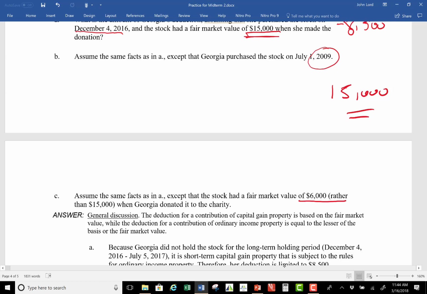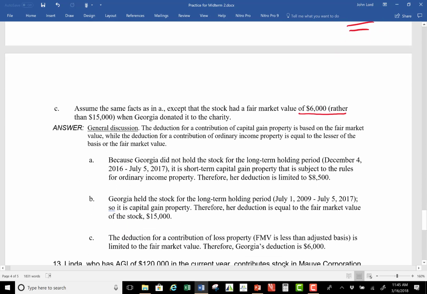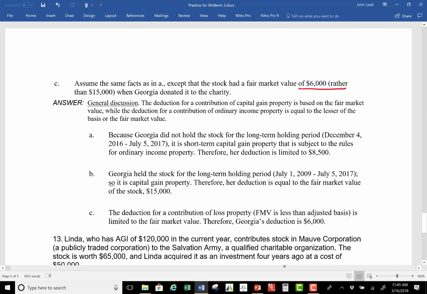If you hold it for 12 months or more, then it can be the fair value. But if it's below, then it's the fair value, period, below or above. Okay, good. Yeah, that's chapter 10, charitable contributions, the stuff we talked about on Thursday.